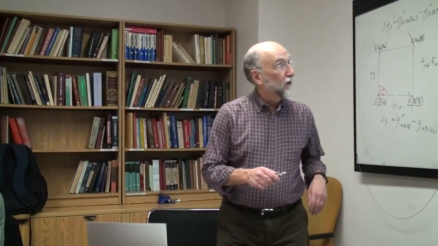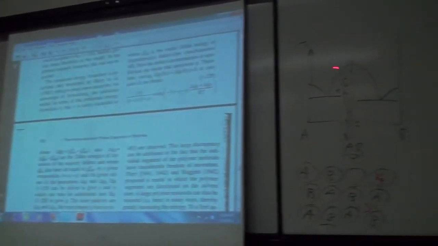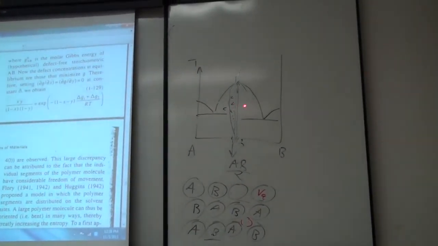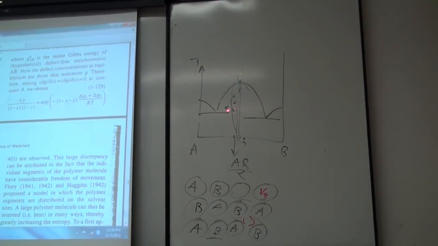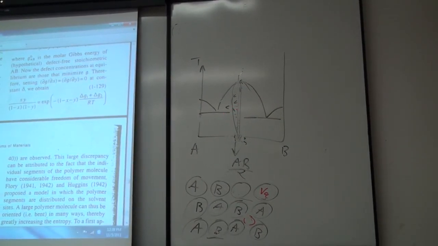Okay, one final comment. If the stoichiometric range is rather small, which it is in many cases, then the denominator here is approximately equal to 1. And that shows that at a given temperature, the product of x and y is constant. Right? XY is constant as you move across.